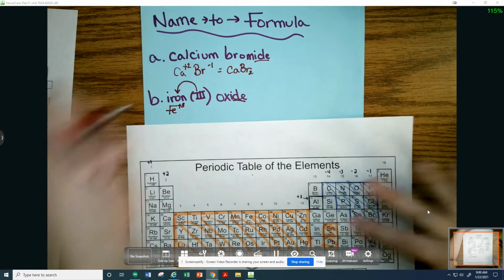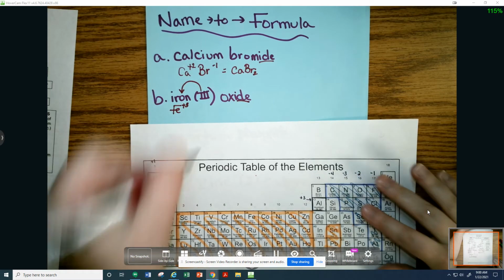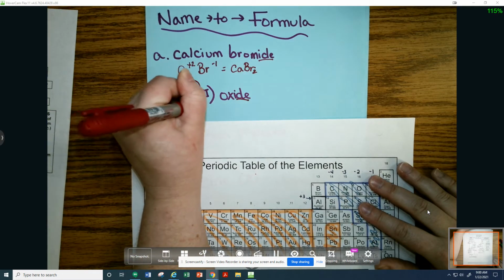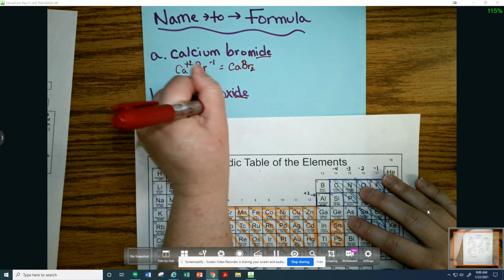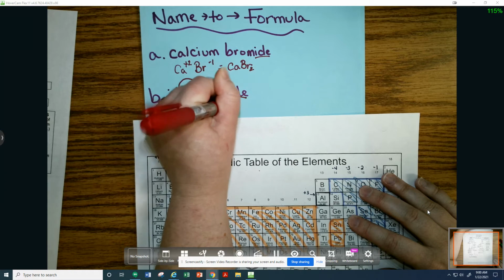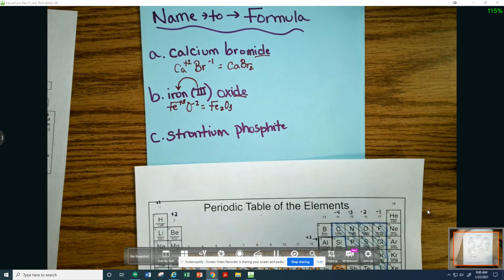Oxide is a good indicator, the "ide" ending, that it's an element off the periodic table, indicating oxygen with a -2 charge. I can see charges aren't canceling here and they cannot simplify, so my final formula is Fe2O3, and I'm done.